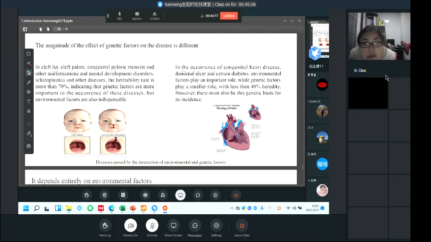And in the occurrence of congenital heart disease and certain diabetes, the environmental factors play an important role, while the genetic factors play a smaller role, with less than 40% heredity. However, there must also be this genetic basis for its incidence.